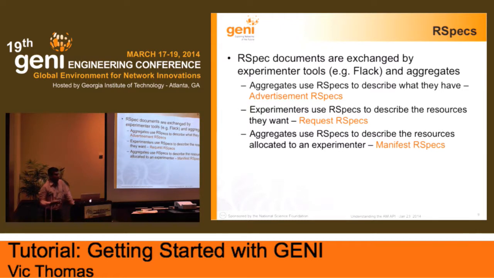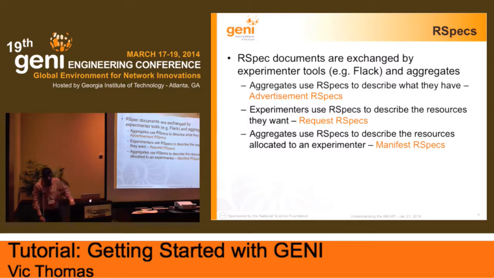From the advertisement, you can construct a request RSpec. The request says, I want 3 virtual machines running Ubuntu 12 connected in a certain topology. That forms your request RSpec. Then you send the request RSpec to the aggregate. If the resources are still available, it'll allocate those resources and provision them for you, as in load up the operating systems and install your public keys, and then it'll send you back a manifest RSpec.